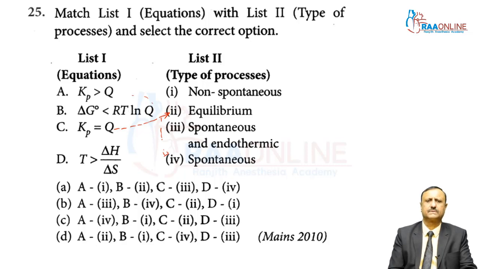So my dear students, C goes to 2. You can go to option C, because A goes to 4th and C goes to 2nd. So B must go to 1, non-spontaneous, and D goes to 3rd, spontaneous and endothermic.